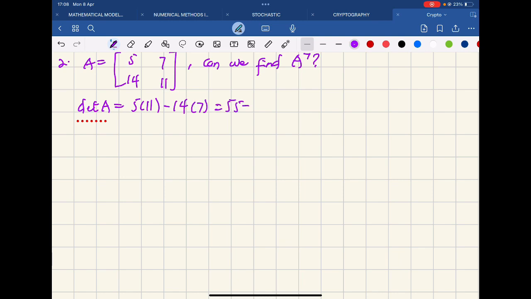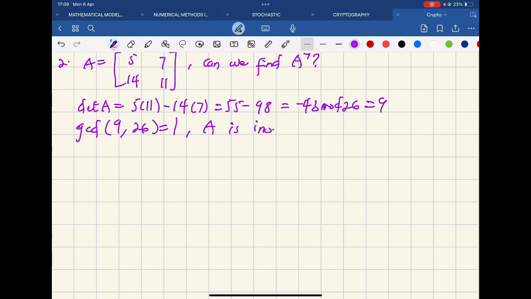And that is 55 minus 98. And this is equal to minus 43 mod 26. And this is equal to 9. The GCD of the determinant of A, which is 9, and n, which is 26, is equal to 1. So since this is equal to 1, then it means A is invertible.